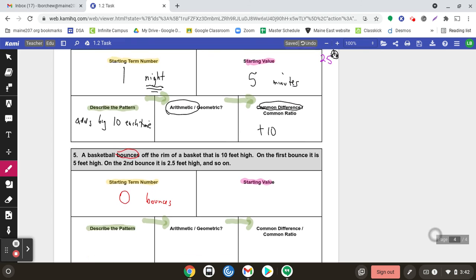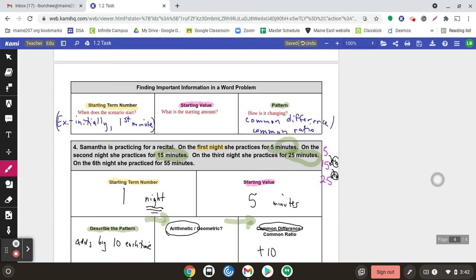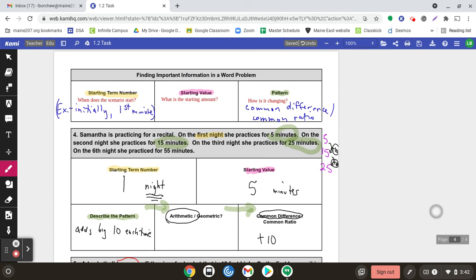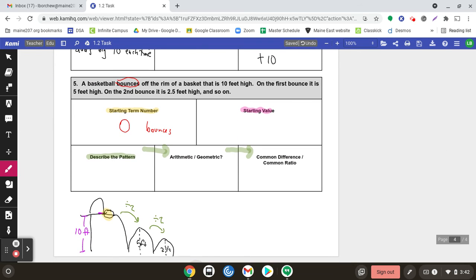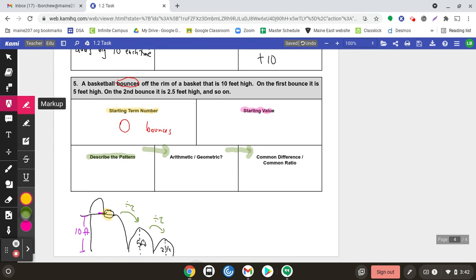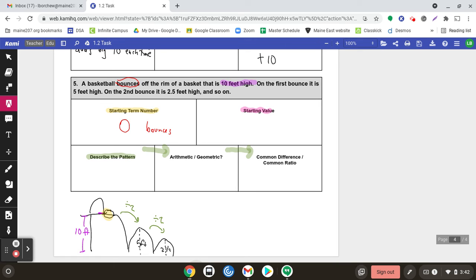The starting value in purple answers the question, what is the starting amount? Here's my purple. It looks like the starting amount when the basketball goes off the rim is 10 feet. So starting value is 10. I've got my labels of feet.